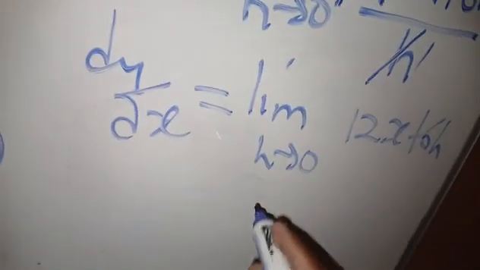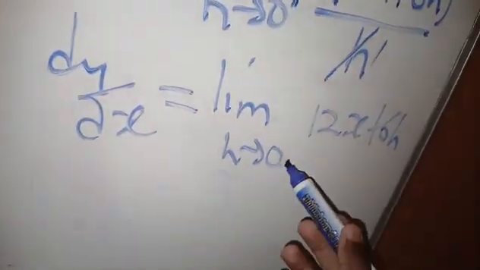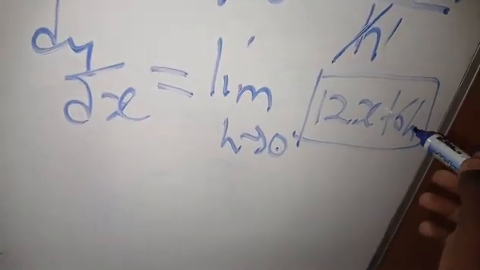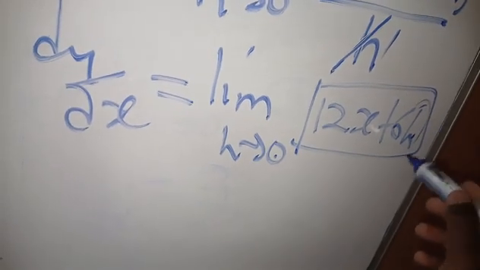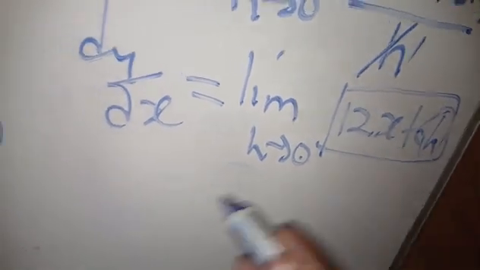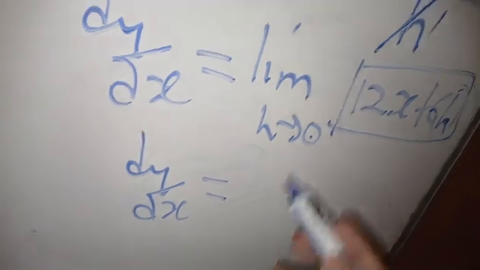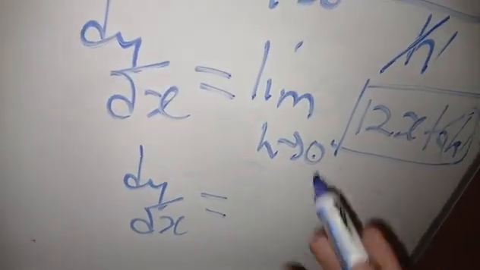Here we are saying h approaches 0, meaning in this function, where you see h, the part should be replaced with 0. So it will be dy over dx is equal to, so this time you are not going to say limit, no, you remove it.